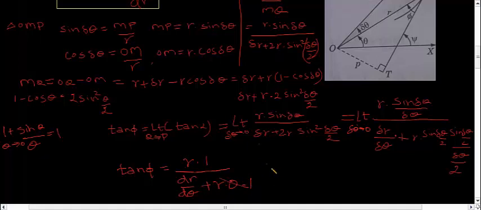This vanishes. Tan phi becomes r into, if you bring this to numerator, d theta by dr. This is what we are supposed to prove.